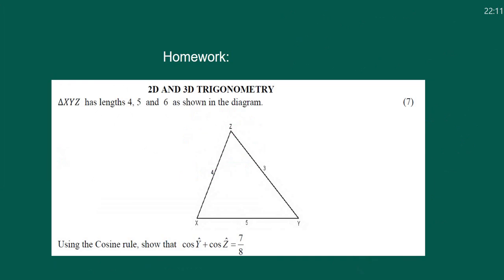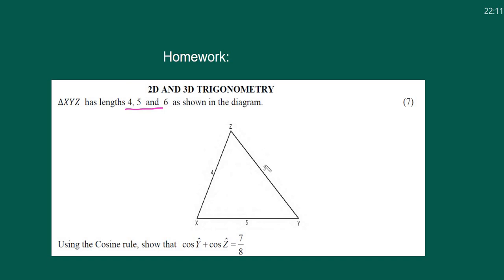So your homework will be this, and I'm going to send it in the group. A very, very beautiful question here. I'm very interested in what you are going to get there. Already I see that there is a bit of a mistake here. They are saying 4, 5 and 6, but you have 4, 5 and 3.